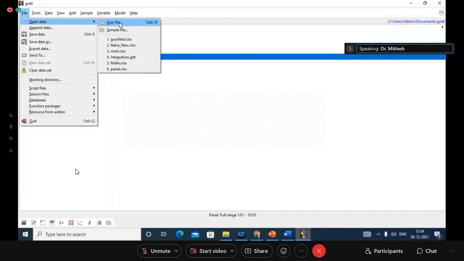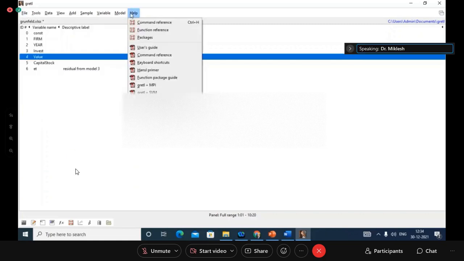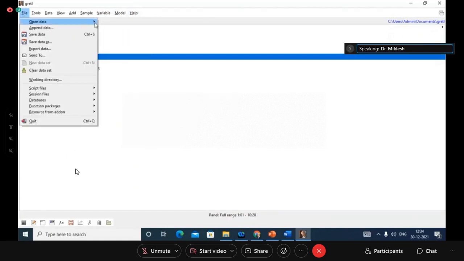But under sample file, a few data sets are already available. Be it eViews, RStudio or any other software, they have some sample files. Now we are going to use this sample file. So I go to file, click on open data, then click on sample file.